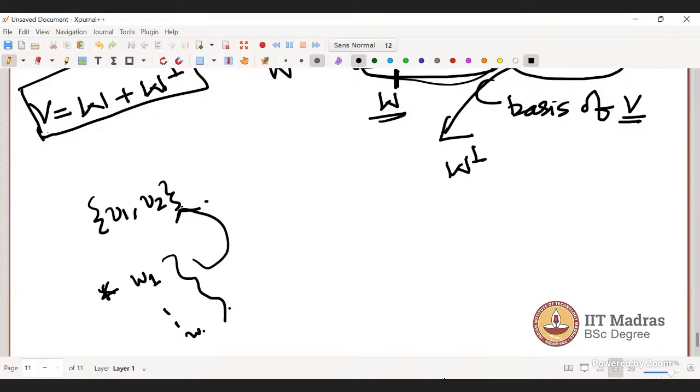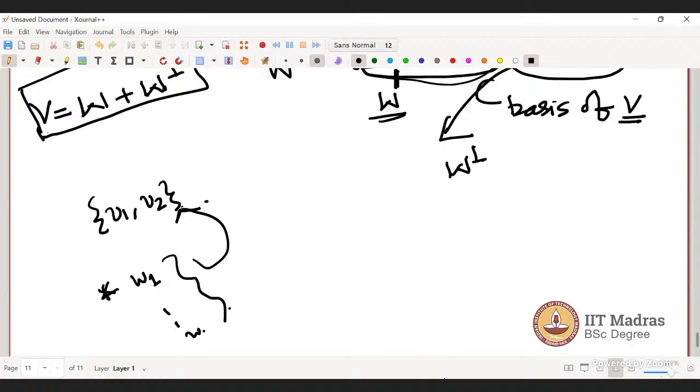So for Gram-Schmidt, I'm not using the orthonormal extension. I'm sticking to the orthogonal part. That is fine. V1, V2 is already there, and we will get a V3.